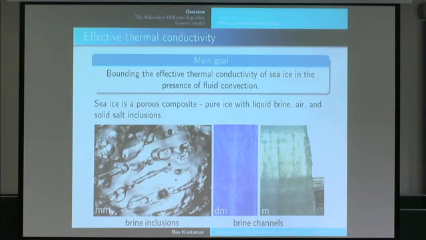The brine inclusions on the millimeter scale are laced through the ice, and they are connecting to form channels in which fluid can flow. What we want to do is to obtain bounds on the thermal conductivity in the presence of this fluid flow.